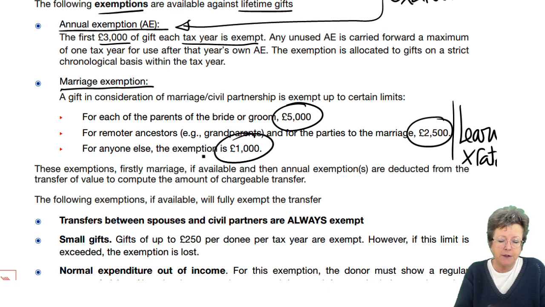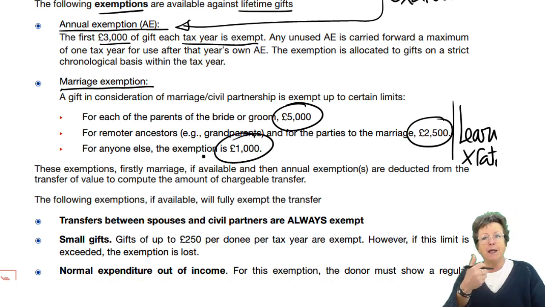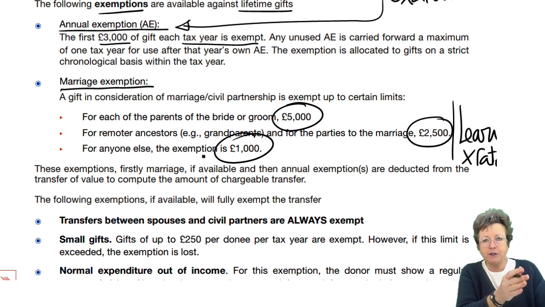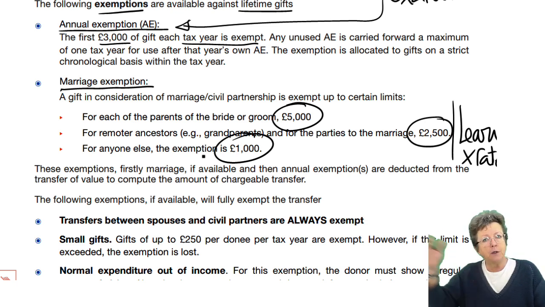Anybody else, it's £1,000. So you do the marriage exemption first, if it's applicable, and then the annual exemption, because the annual exemption, if unused, can be carried forward to the next year. And the marriage must take place.